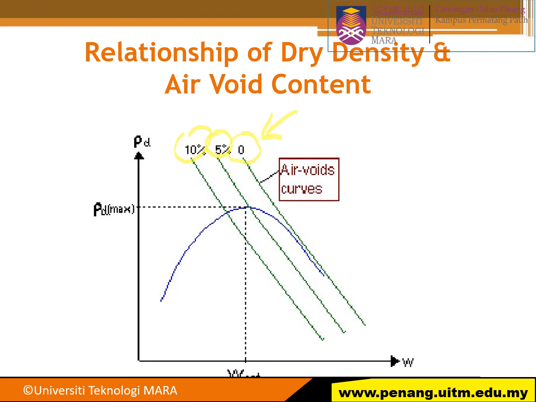The air void curve should be outside of the blue curve. This is the rule that you have to follow. It must be outside of your density versus water content curve, the compaction curve. If your 0% air void curve is inside your blue curve, it means there is something wrong with your calculation or your test.